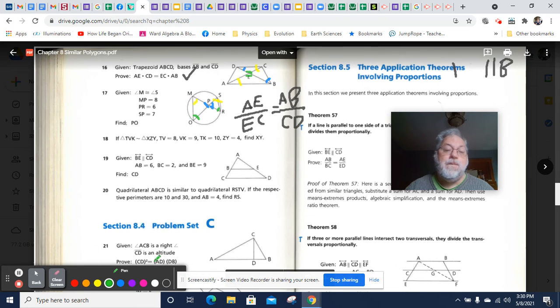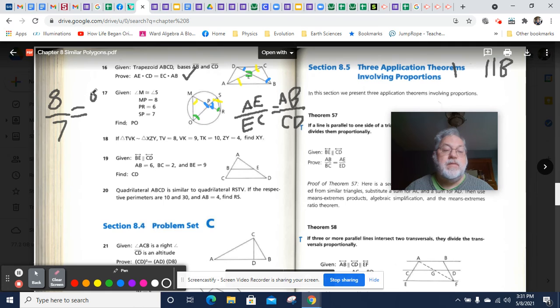MP, which is 8, is to SP, 7, as OP is to PR.